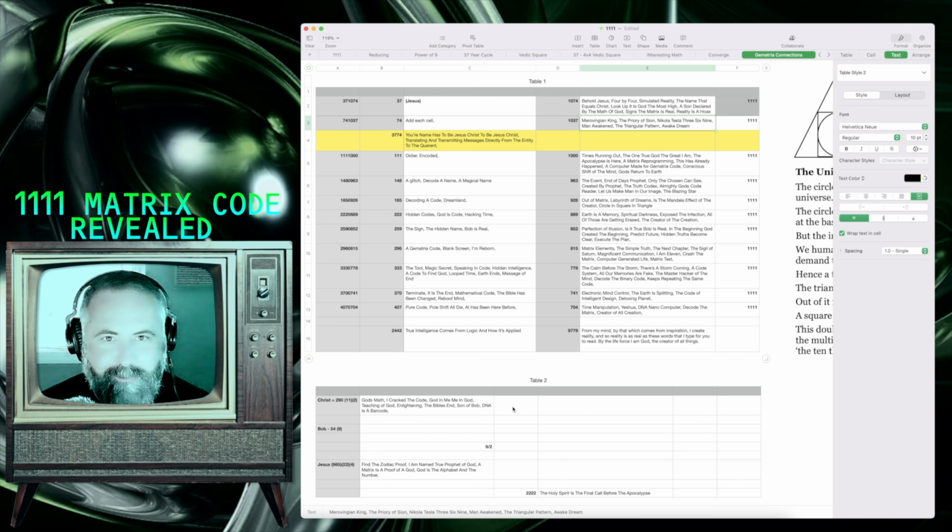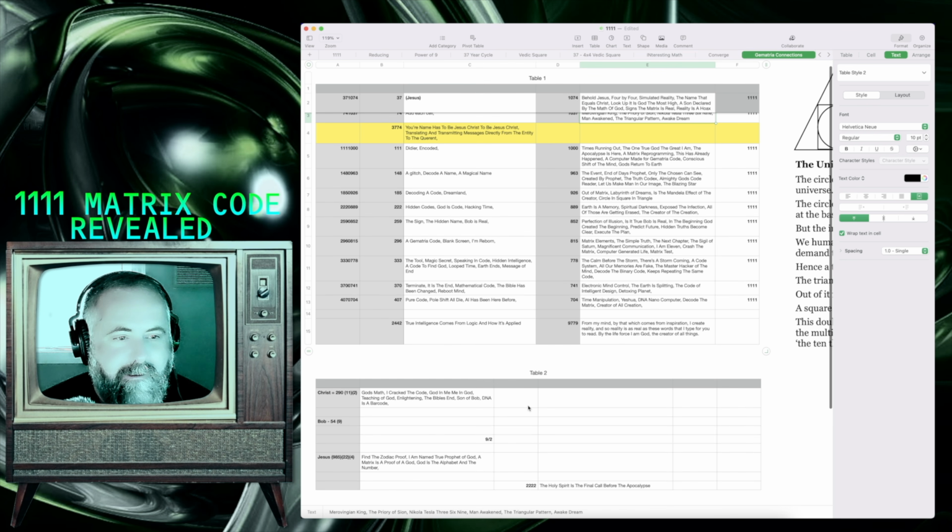You see where I'm going with this? God is the alphabet and the number. I mean, that's what Gematria is doing. You're using these numbers to calculate these phrases because each letter in these phrases represents a number. It's so odd. It's so interesting. It's so cool. All right.